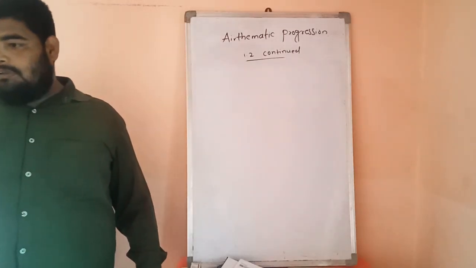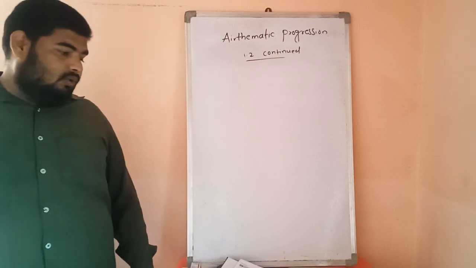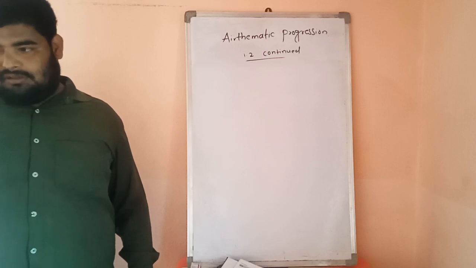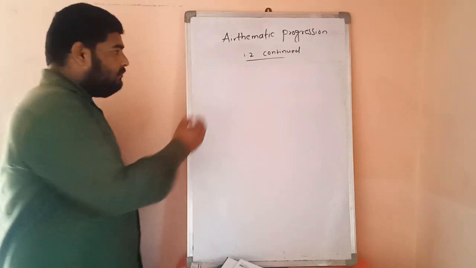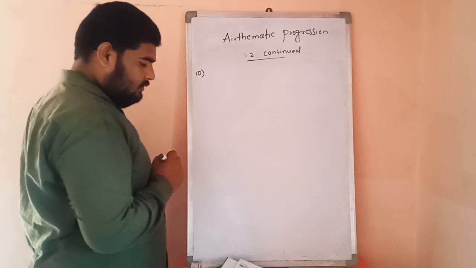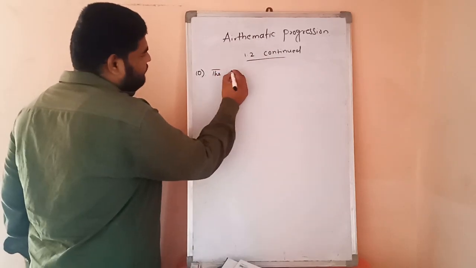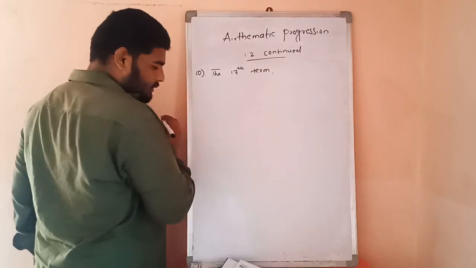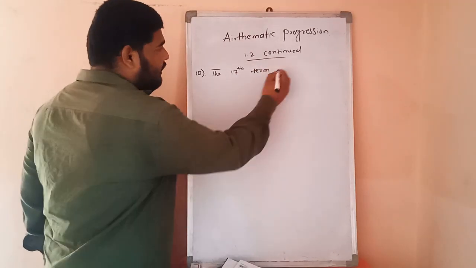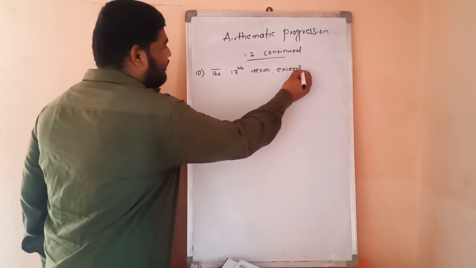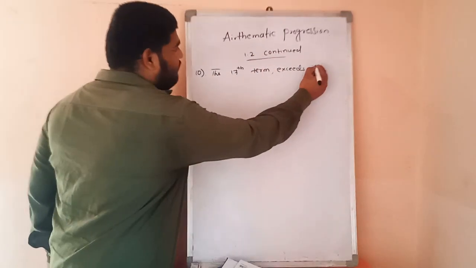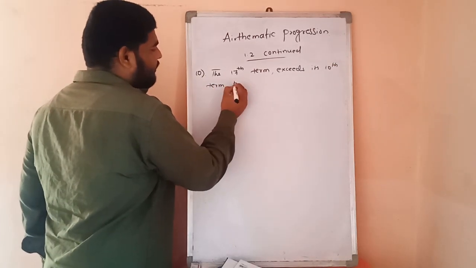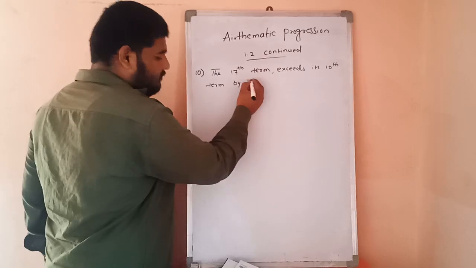Look here, 10th question: the 17th term of an AP exceeds, meaning it is greater, its 10th term by 7.